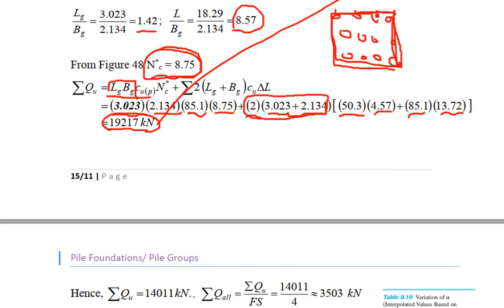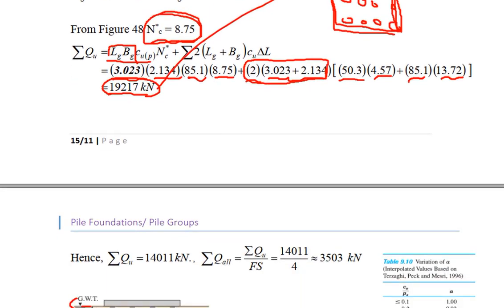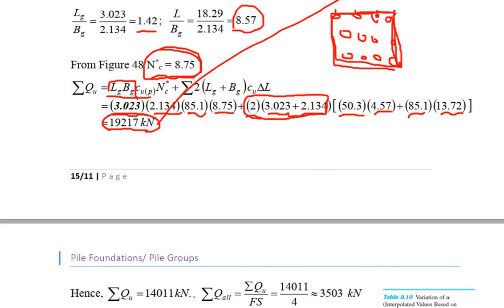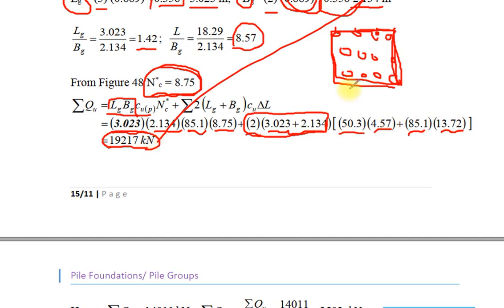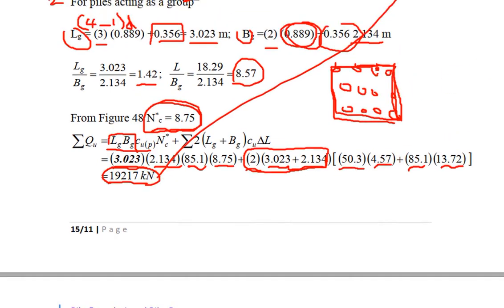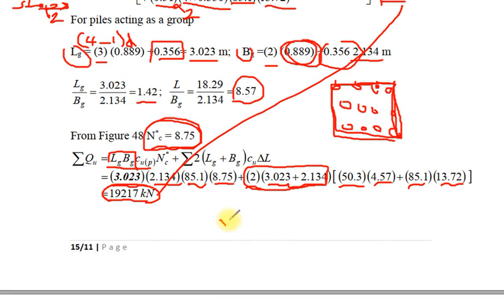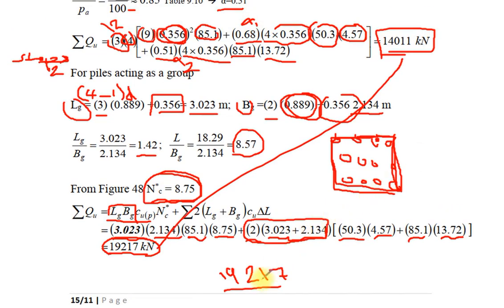We can get the apparent efficiency by dividing the value of the ultimate bearing capacity computed by block shear failure over the ultimate bearing capacity computed based on individual pile, 14. We can get the apparent efficiency.